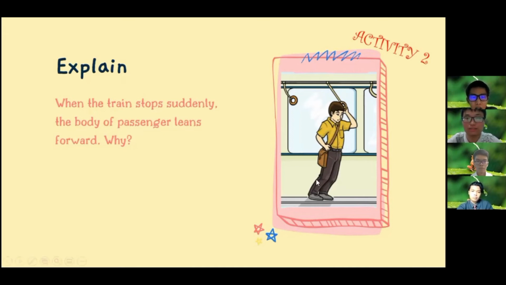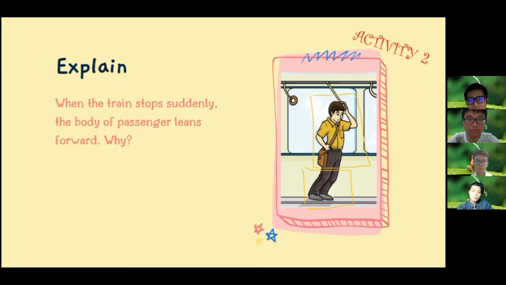Yes. So it's because of inertia. The train stops, but the body of the passenger is still moving forward. So it looks like the person leans forward, but actually it is the train that suddenly stopped, which gives less time for the body to react to the sudden deceleration.